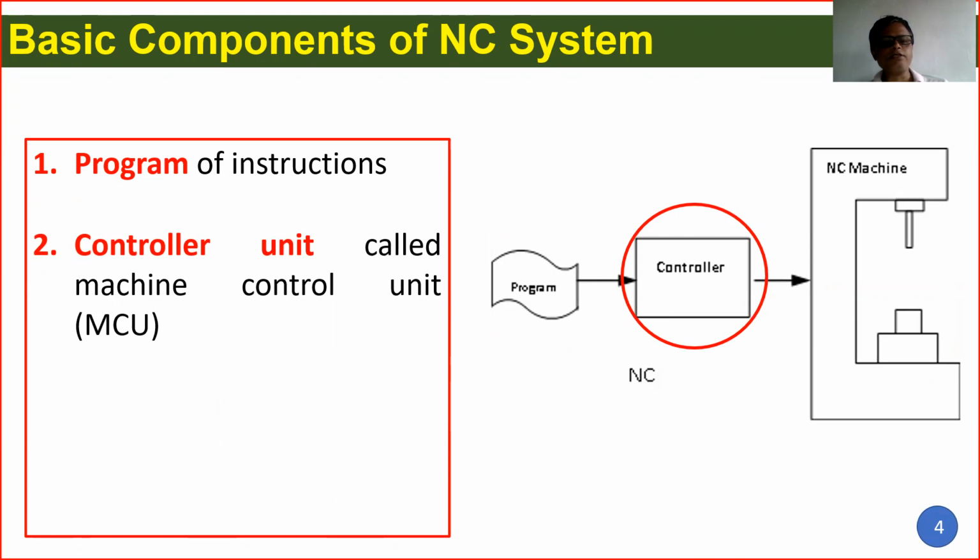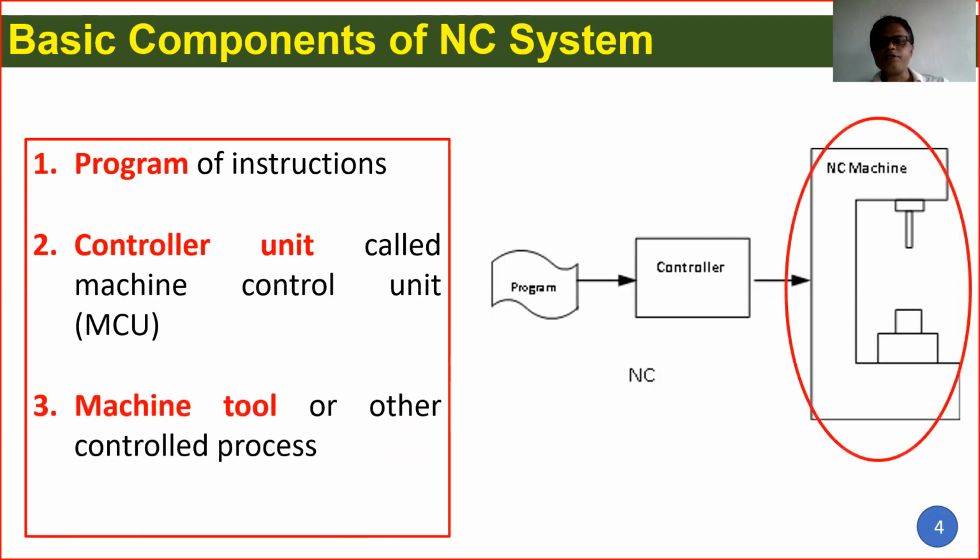It is also called the controller. The third part is the machine tool, that is the actual machine tool which performs the machining operations. So the basic components are program, control unit, and the machine tool.